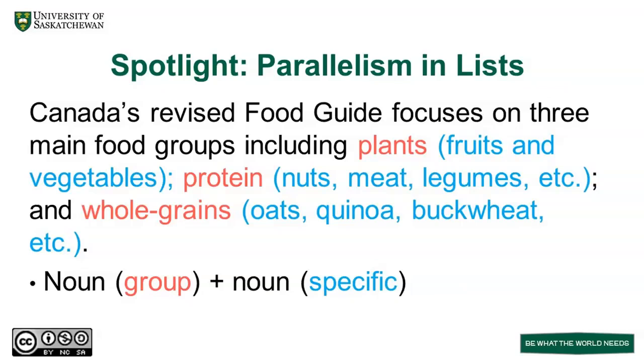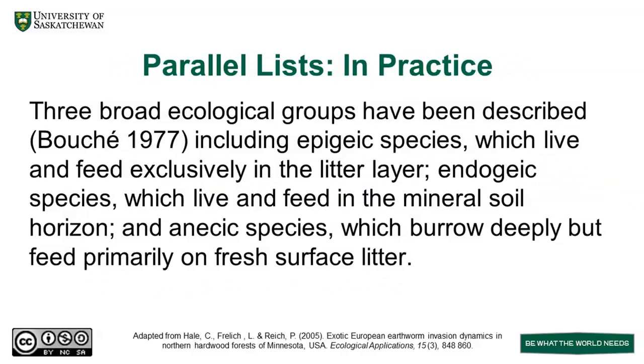But here we're also still making use of nouns. We're just providing more specific nouns: fruits and vegetables, nuts, meat, legumes, oats, quinoa, buckwheat. So this is in some ways quite a simple list, because what we're really having to balance are simply different types of nouns. But we can look at this principle in a more complicated fashion, shall we say.